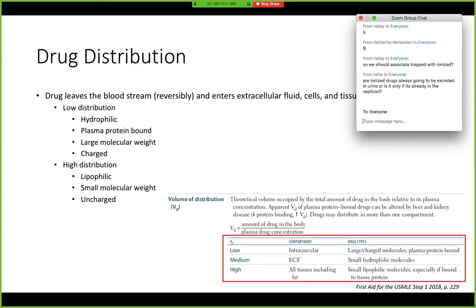Are ionized drugs always going to be excreted in the urine, or is it only if it's already in the nephron?